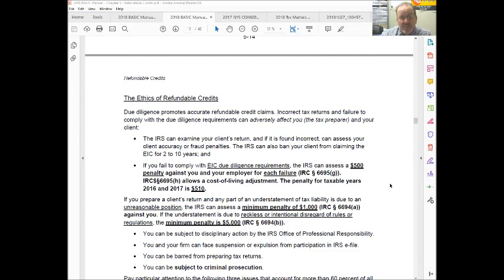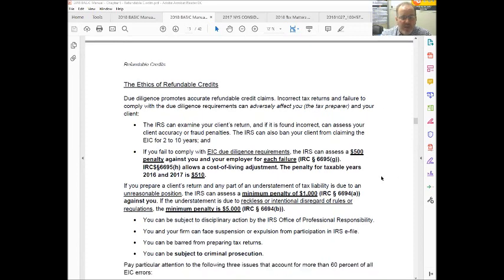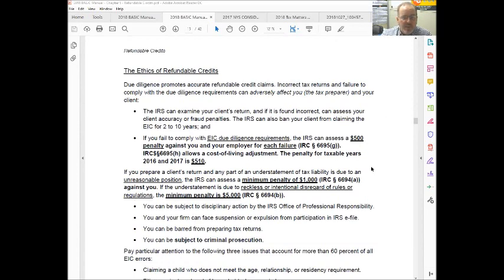So if you think about it, my child's 5 years old and I fraudulently file an EIC and the IRS says you don't get it for 10 years, and I had a $3,400 EIC each year, that's $34,000. That's a lot of money that I left on the table because I was trying to take it when I shouldn't have. So make sure that you meet the requirements for filing it.